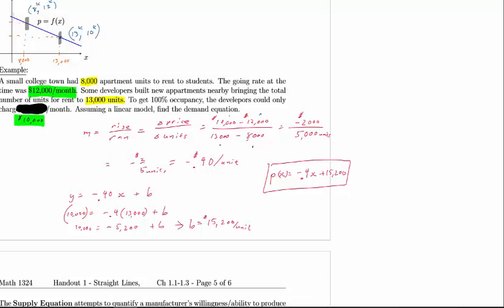So if you took 3,000 of your units off the market, then instead of 13,000 units available, you would put 10,000 units available. You plug the number in, you'd find P of 10,000, and that would be how much you could charge for rent and still get full occupancy.